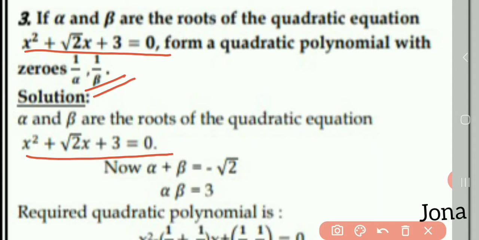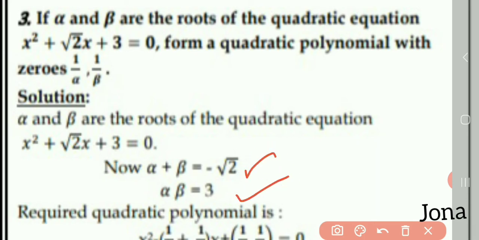For this quadratic equation, let me take alpha and beta as the roots of the equation. If the roots are given, I can find the sum of the roots and the product of the roots. So here the sum of the roots from the equation is root 2 and the product of the roots is 3.